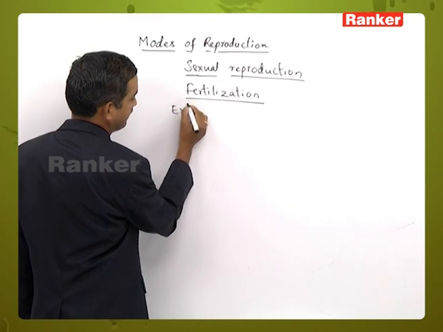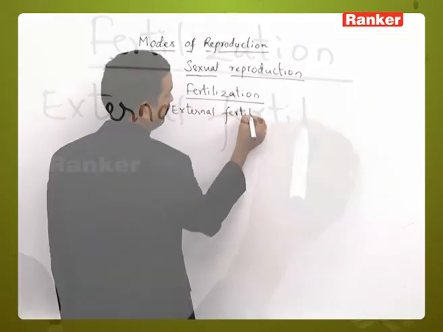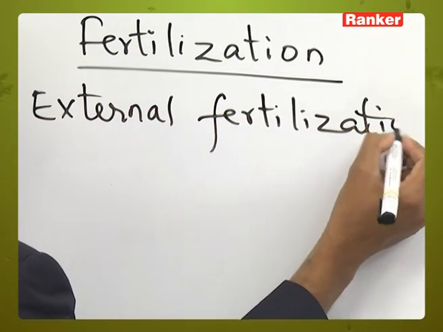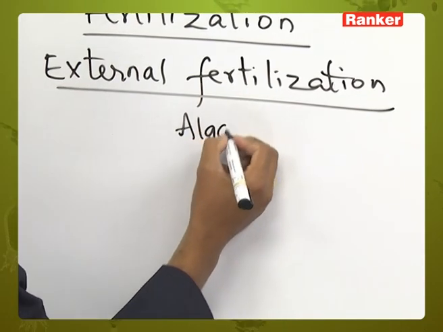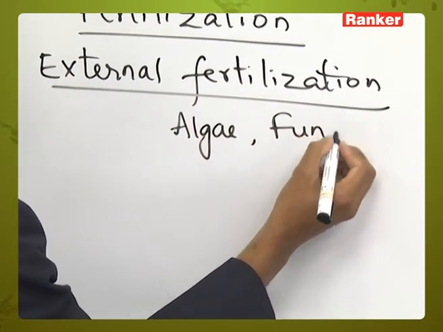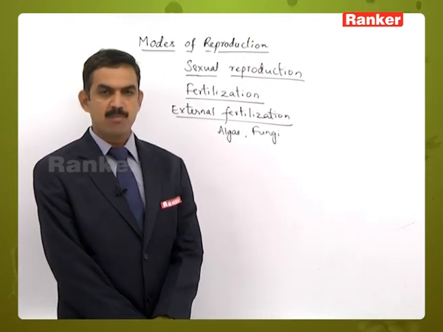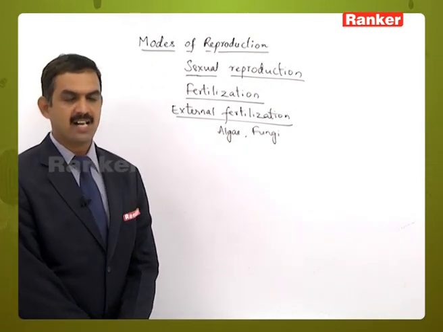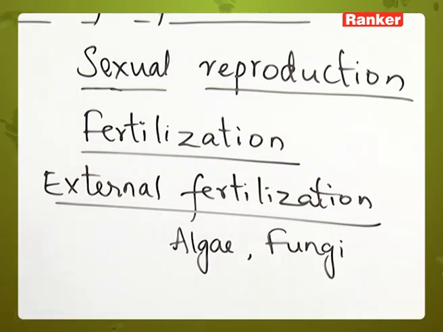So, first let us discuss external fertilization. In lower organisms like algae and fungi, the fusion of the male and female gametes takes place outside the plant body. So, we call it external fertilization.